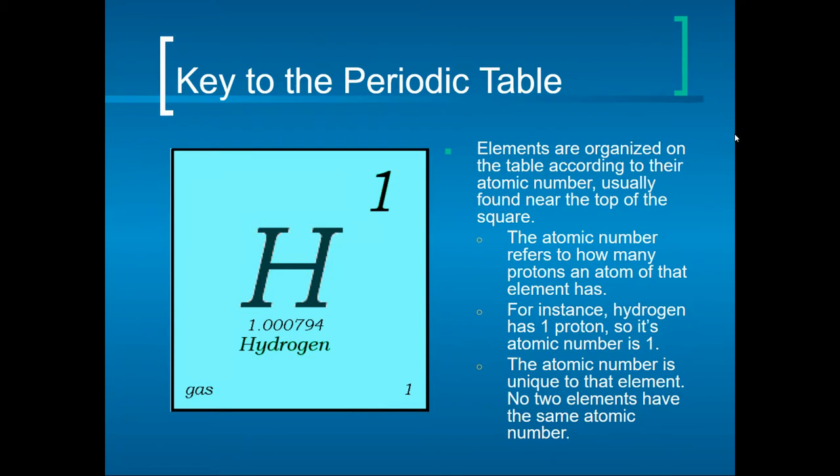But the minute a proton is added to hydrogen, it then becomes helium. Helium has an atomic number of 2 protons. It's important for you to understand that. And that is going to be a test question. And believe it or not, that is a hard concept that some of my students struggle with getting in their head. And I need you to get that in your head. The atomic number is unique to that particular element.